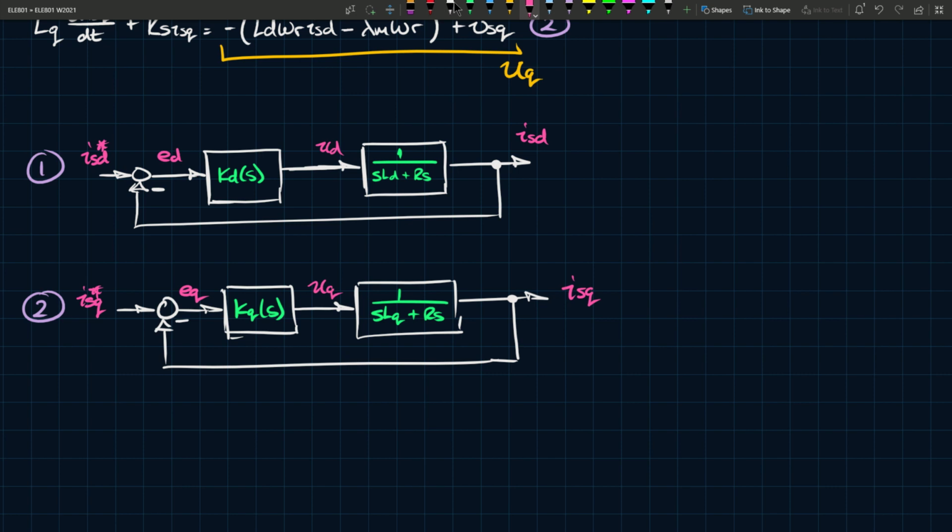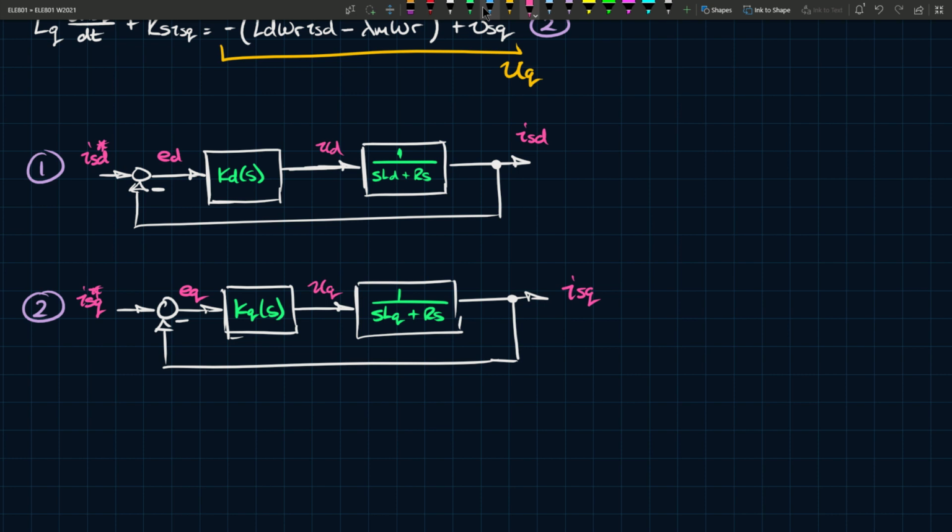So this is what your general control loops should look like. Now, KQ and KDS can both be PI compensators because the values ISD and ISQ are DC. This was the entire purpose of doing the ABC to DQ frame transformation, because now we can track AC quantities, three-phase AC quantities, I should say, using PI compensators.